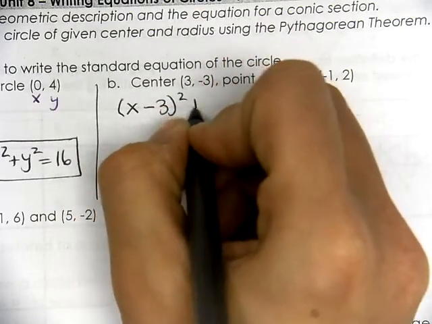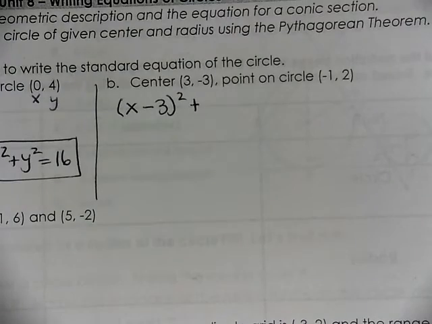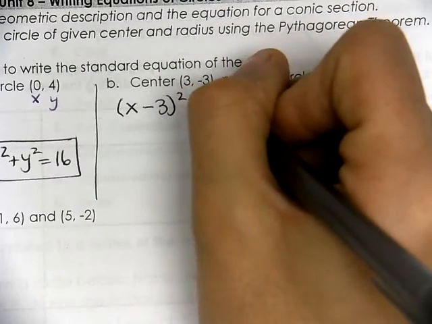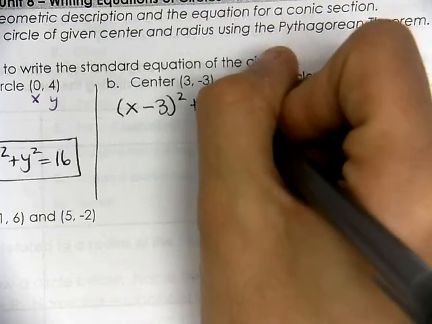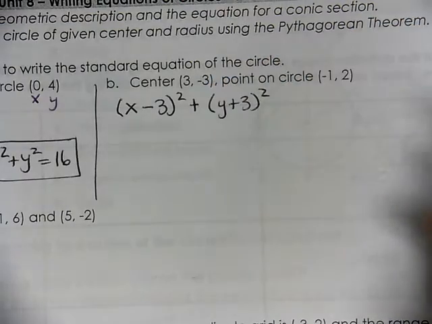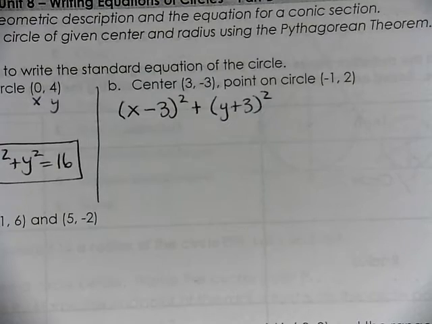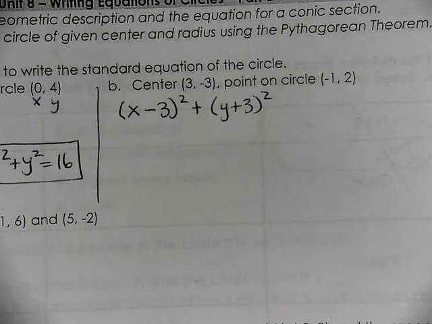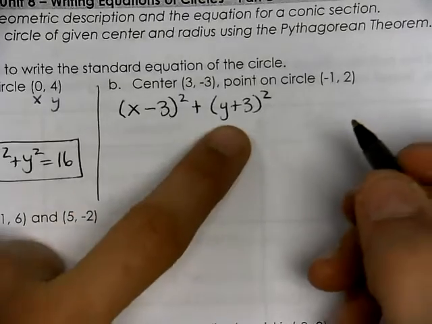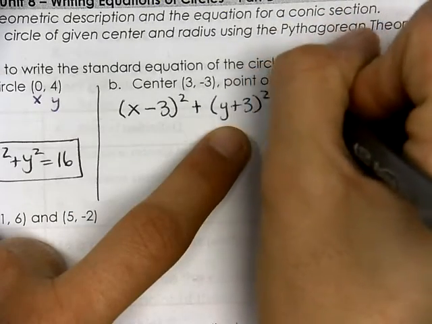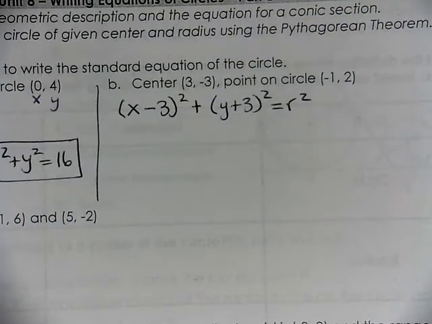X minus 3 squared plus y plus 3 squared. So x plus 3 squared, or x minus 3 squared plus y plus 3 squared equals r squared, right? We got it from yesterday.